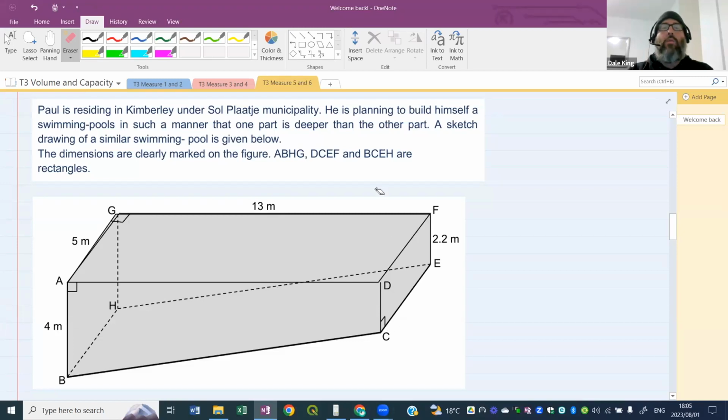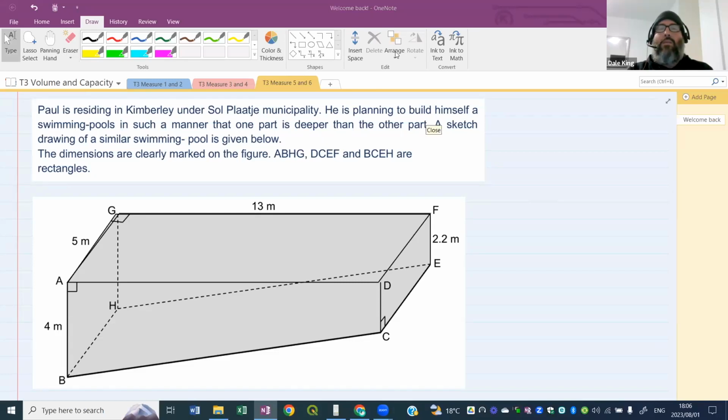DCEF is on this side of the pool. BCEH is the base, the bottom of the pool. Those are all rectangles. They're just telling us that those 3 quadrilaterals are rectangles. That's fine, but that's more of a core math thing. You usually don't see them name letters like that in the question.